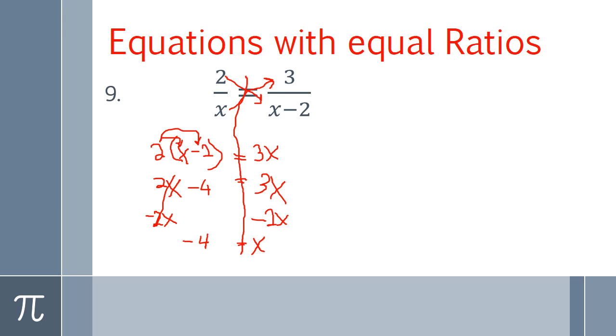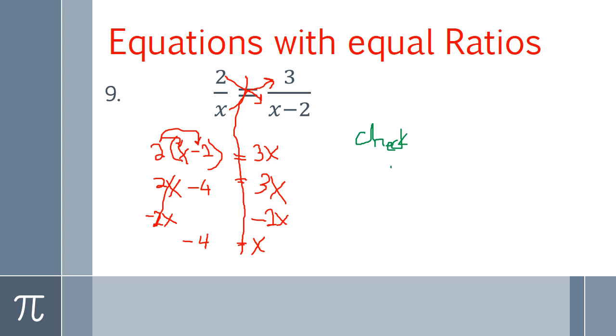Now to do the check again, all you need to do is to substitute each x in the first ratio with negative 4.